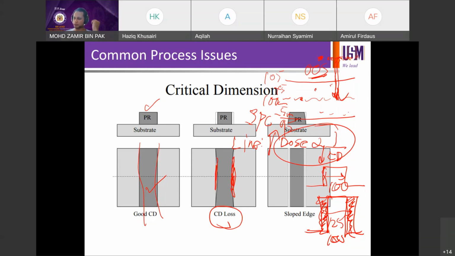In this case, we suspect CD drifting due to energy drifting in the scanner, and then potential solutions to correct the problem, to get the CD back on track, and then in the future, how do you prevent the problem from happening again? So this is pretty much the 8D skeleton that I have summarized, from defining the problem identification to preventing the problem from happening in the future.